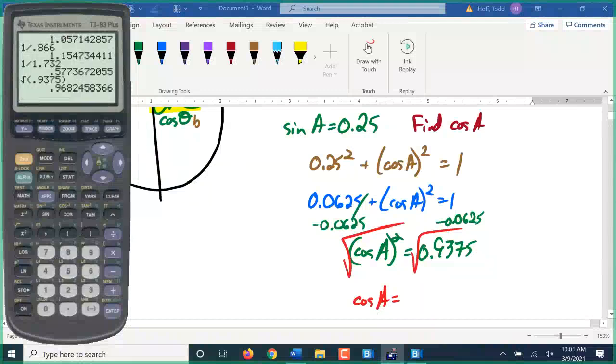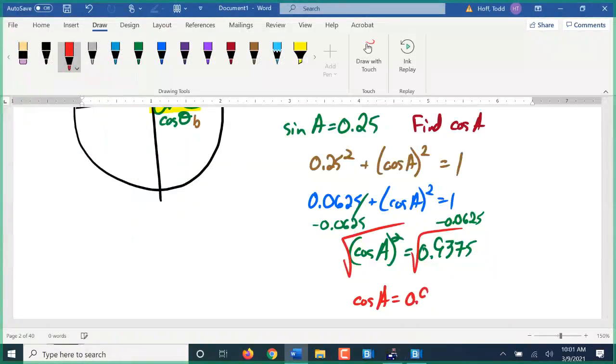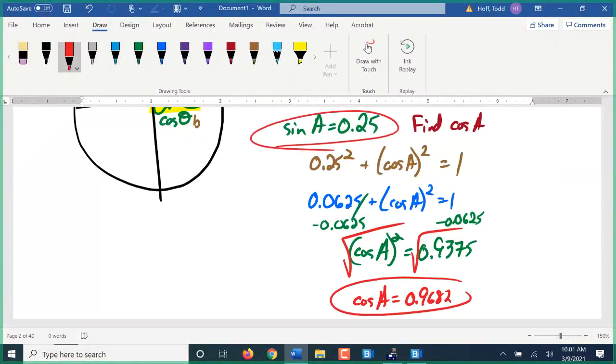Give me 0.9682. The cosine of A. So by knowing that the sine of A was 0.25, I could find the cosine. And remember, we saw up above, once we have the sine and the cosine, we can find any of the other angles by doing those ratios for tangent and secant and cosecant.